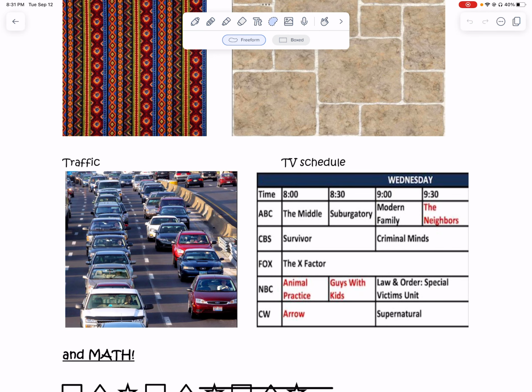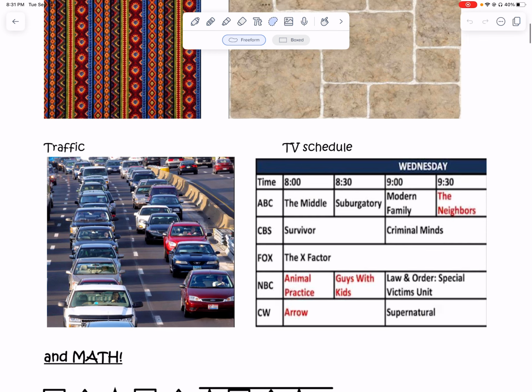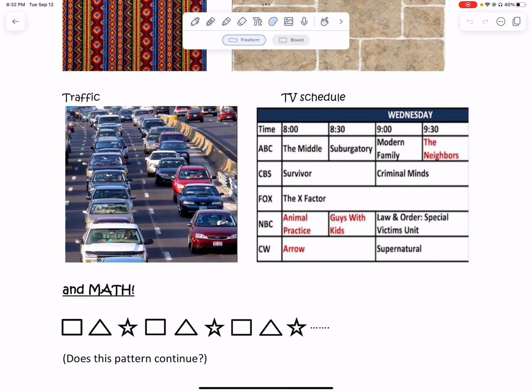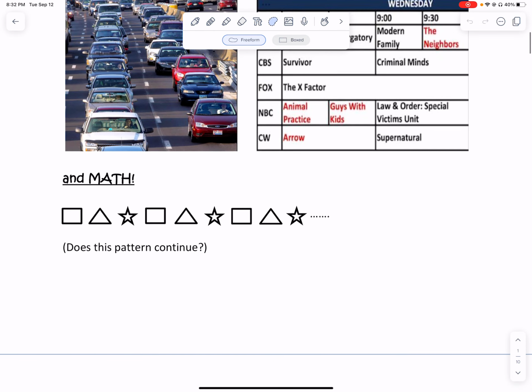Y'all know coming to the main campus, if you get here between 7:50 and 8 o'clock in the morning, it's going to be a lot harder to find a parking spot and even get off the interstate or get into the campus. So there's definite traffic patterns. We've got patterns for TV schedules, and we have patterns in math.